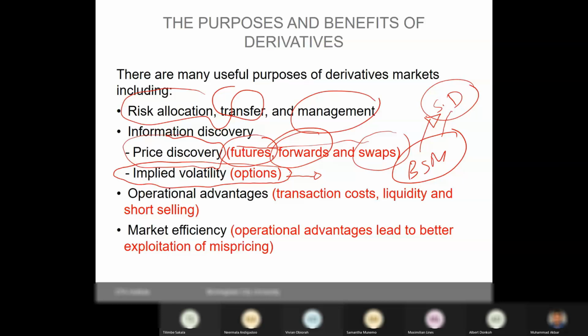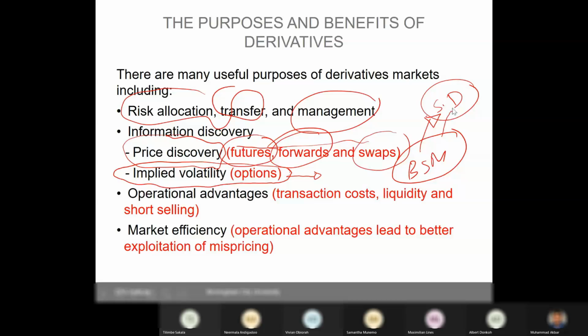Is it clear? So this is one big advantage with derivatives, particularly the Black-Scholes option pricing model for options, that you can get a very important estimate of risk measure using this model.